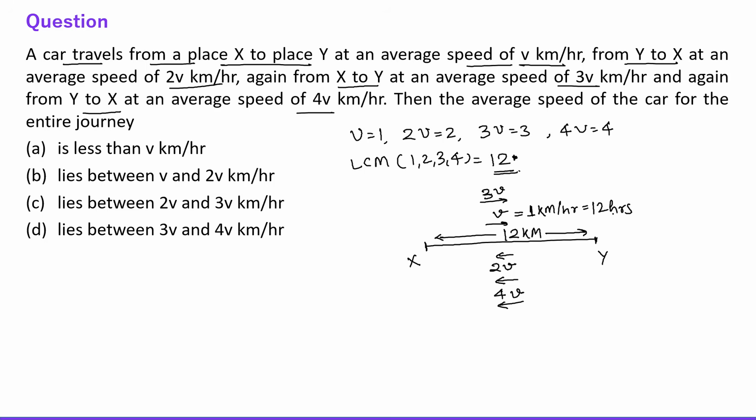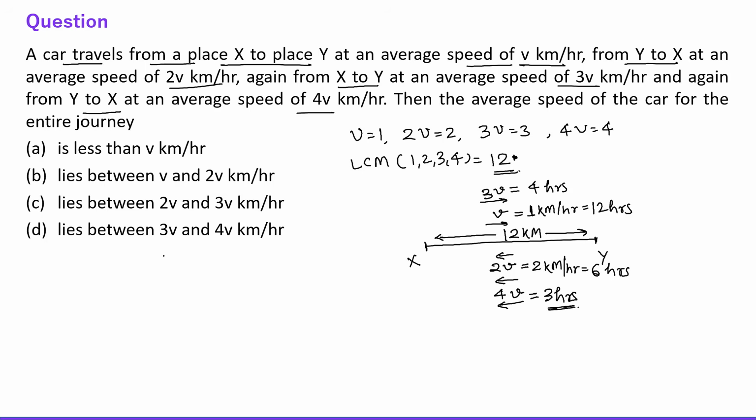Why? The time is distance upon speed. Distance is 12 and speed is 1. When he is going with the speed of 2 km per hour, the time taken will be 6 hours. With 3 km per hour, the time taken will be 4 hours. And with 4 km per hour, the time taken will be 3 hours.